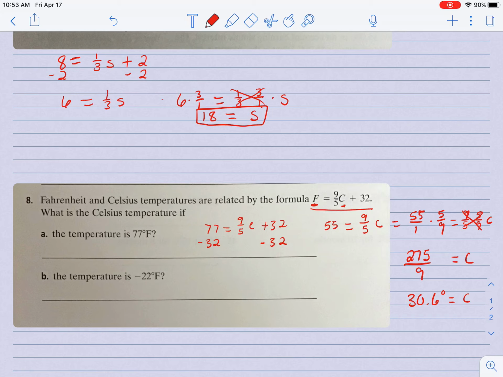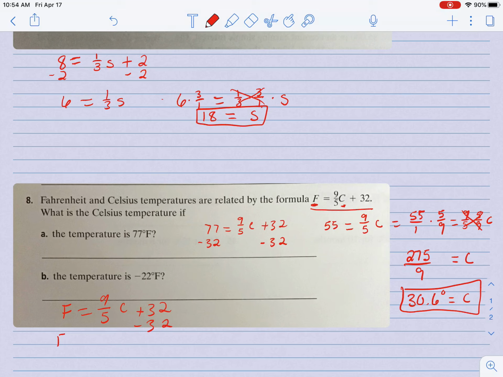Okay, so there we have our degrees Celsius. Another thing we can do if we want is to find what the function rule for C would be. And so if you got F equals 9/5 C plus 32, we're going to do the same steps. You minus 32 first.